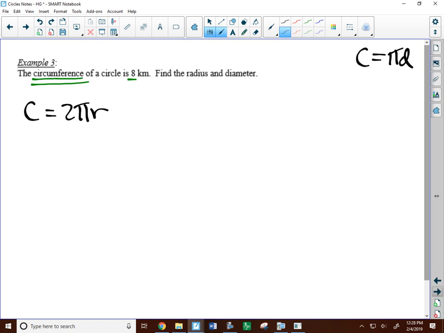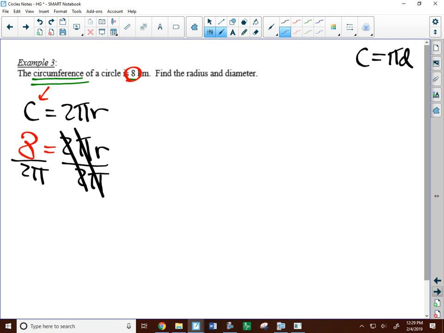This one starts off with you knowing the circumference is 8, and so you're going to plug that in. Okay, so we get 8 equals 2 pi r. And then you can get the radius from this by dividing both sides by 2 pi.